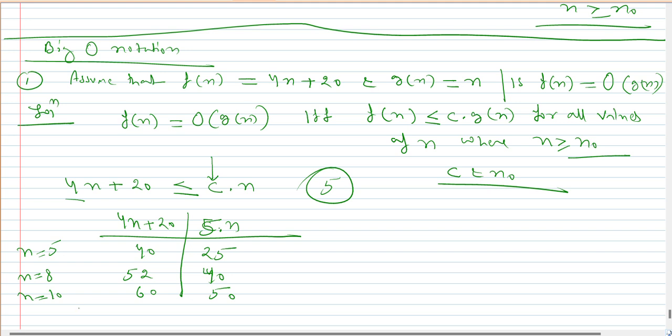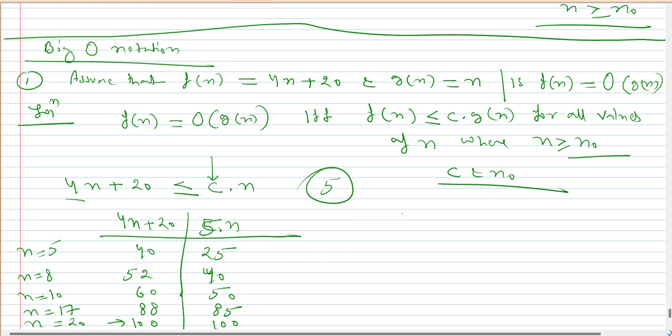Going in this similar manner, we can see that for n is equal to 20, both expressions become equal.